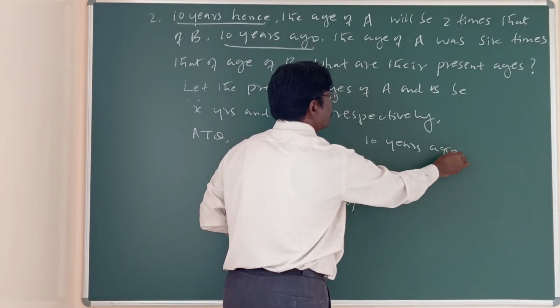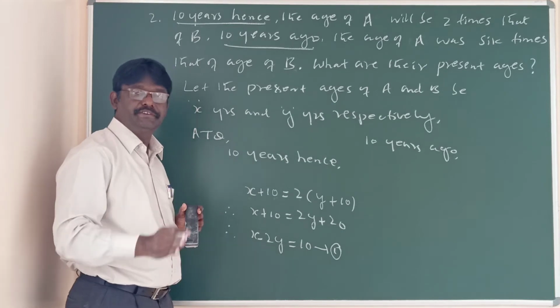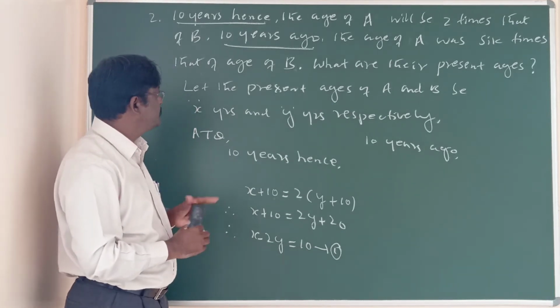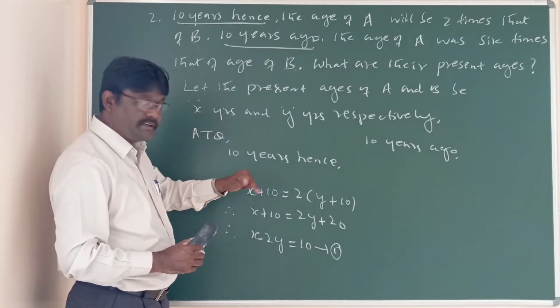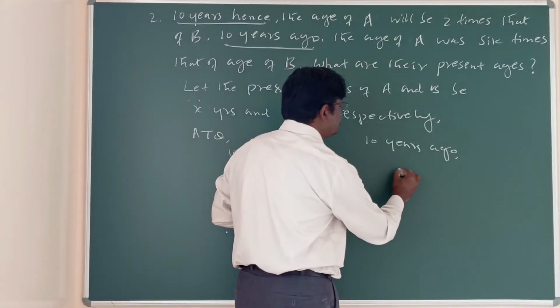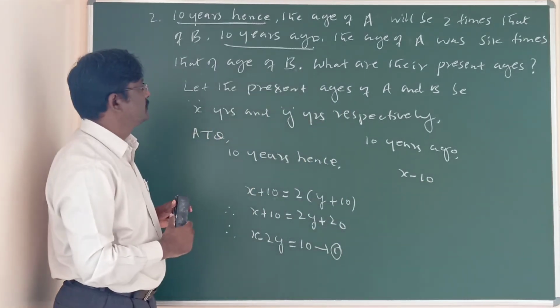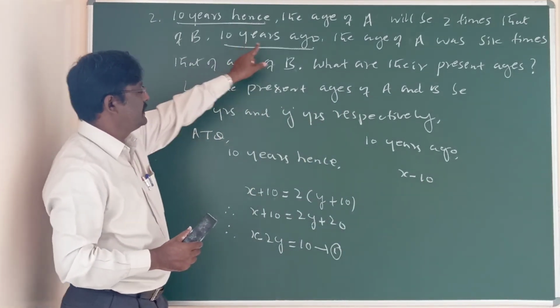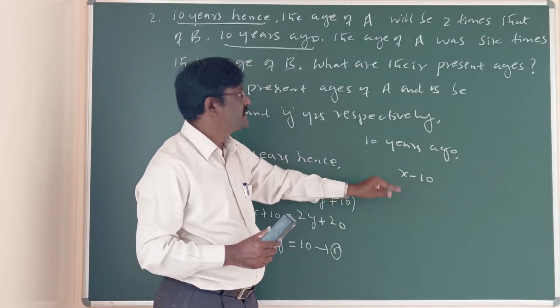What about the present age of A? It is x. 10 years ago means x minus 10, correct? Now just to compare, 10 years ago the age of A was x minus 10.